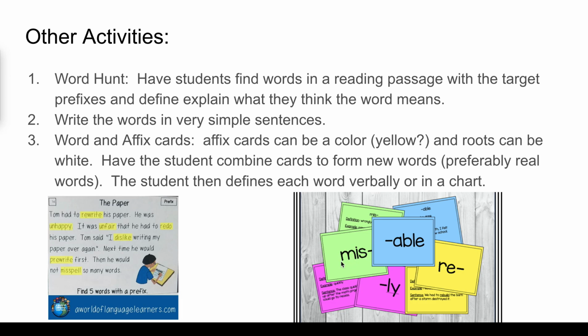So if the prefix is miss, you can add what that miss means, like mistake, incorrect, or do it again. And then have students put these together and form new words and create a definition for those words.